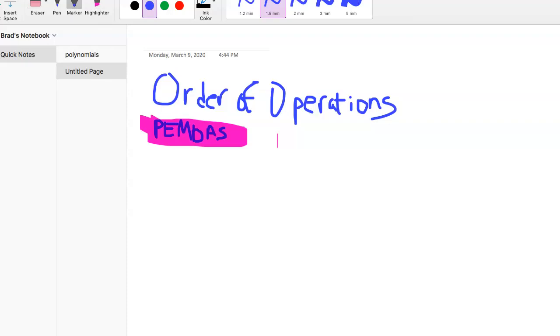Okay, so with this next one, let's look at this one. So we've got -5 times 7 plus 6 plus 12 divided by 4. We got a few more things to do here.